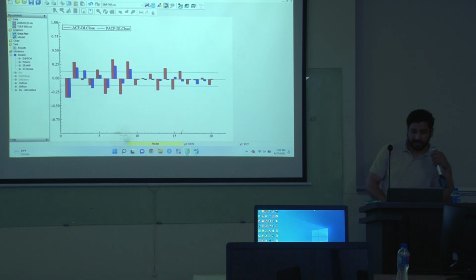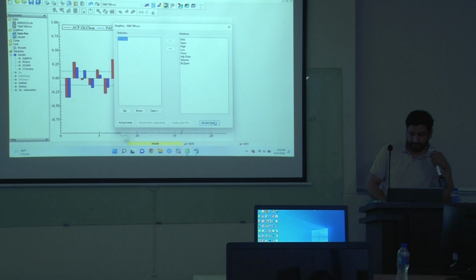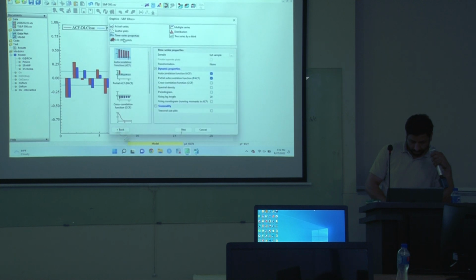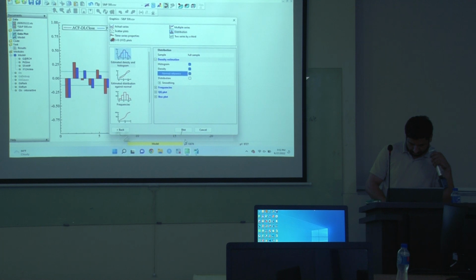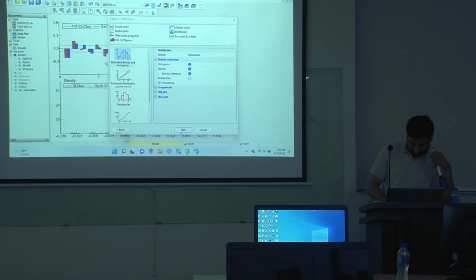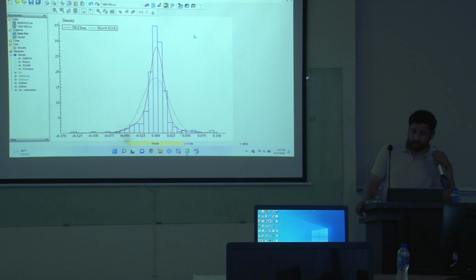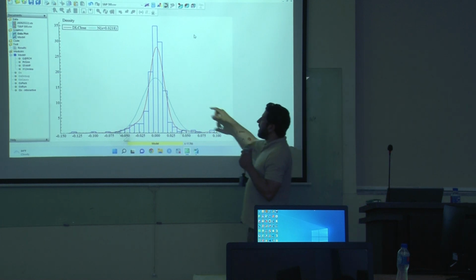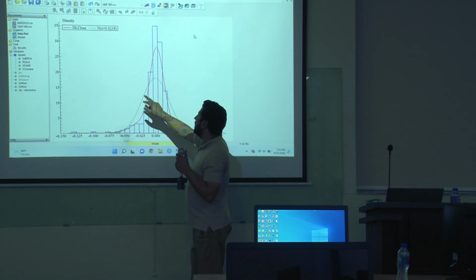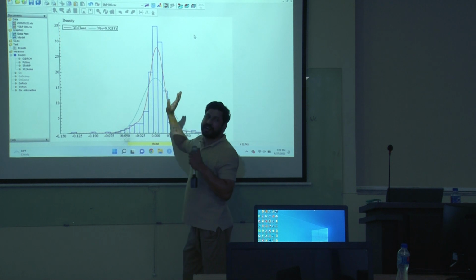If we look at the distribution of this series, you can see that the red one is the actual distribution of this data and the green line is the reference normal distribution.